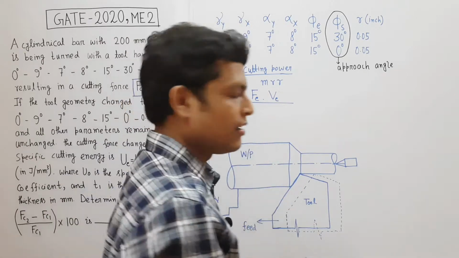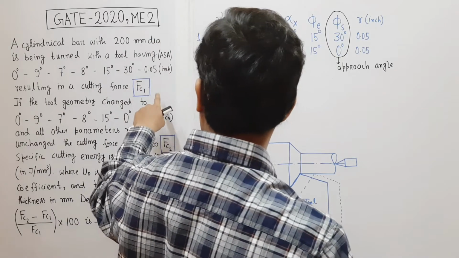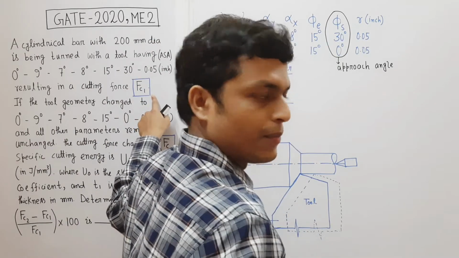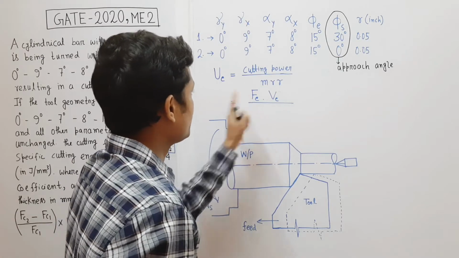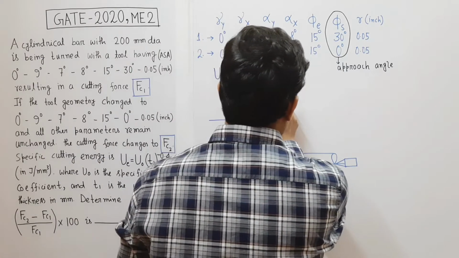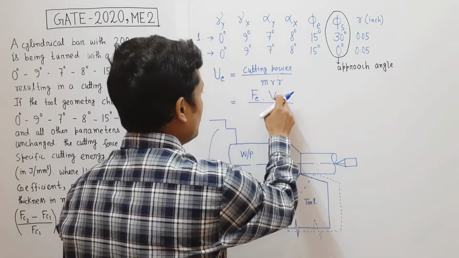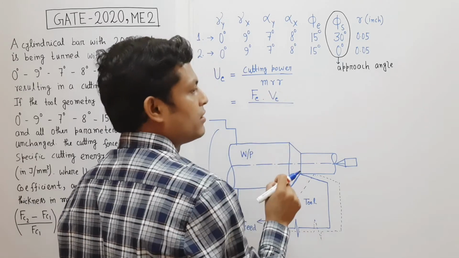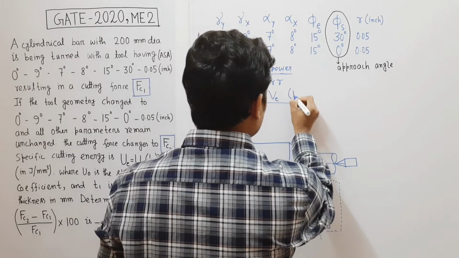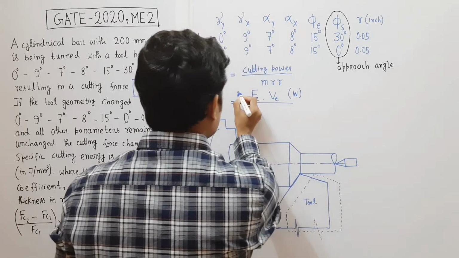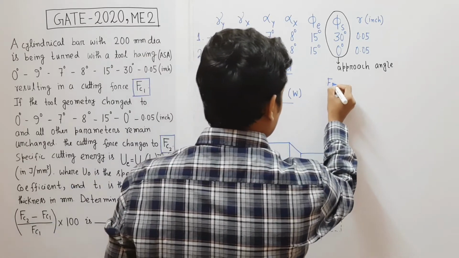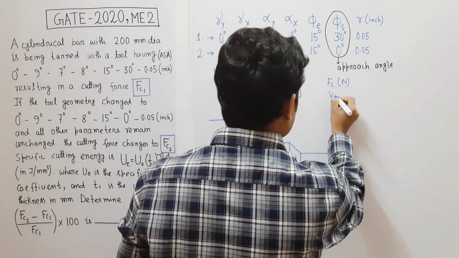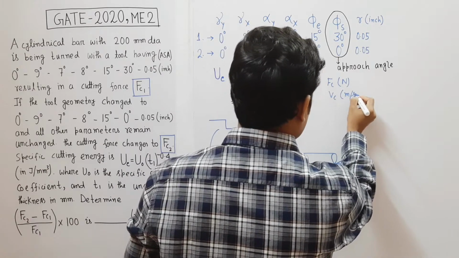PZ is our main cutting force, but here in the problem it is denoted by FC. That's why I have chosen FC here. So FC into VC, VC is cutting velocity. So force into velocity is cutting power. This is in watt, with FC in Newton and VC in meter per second.